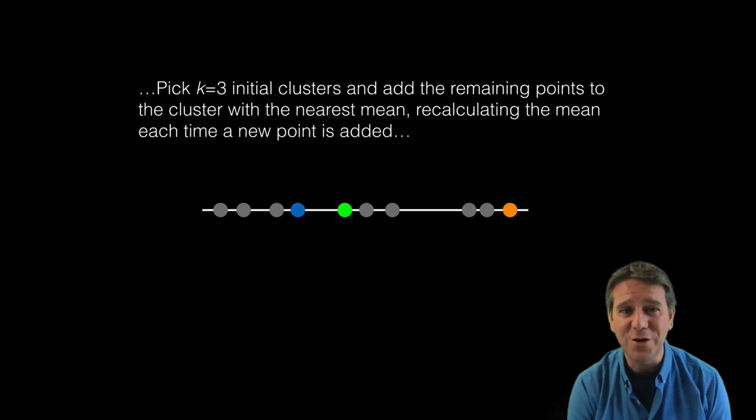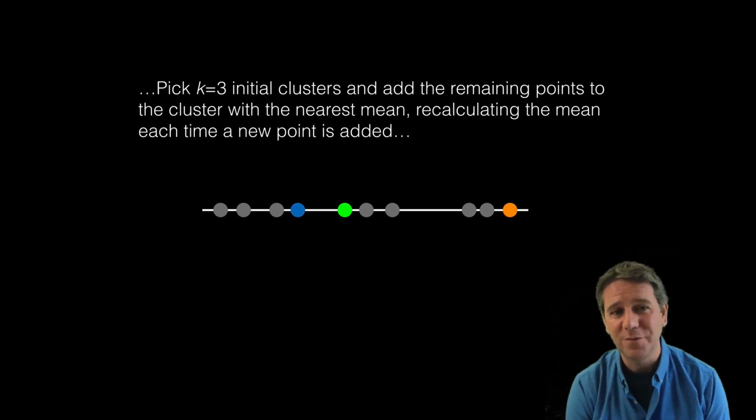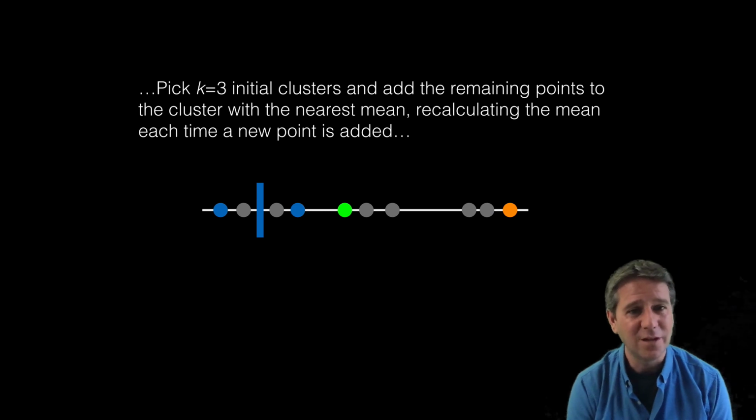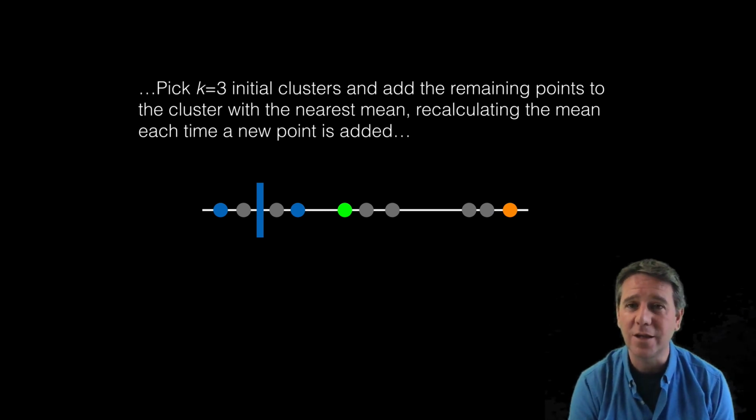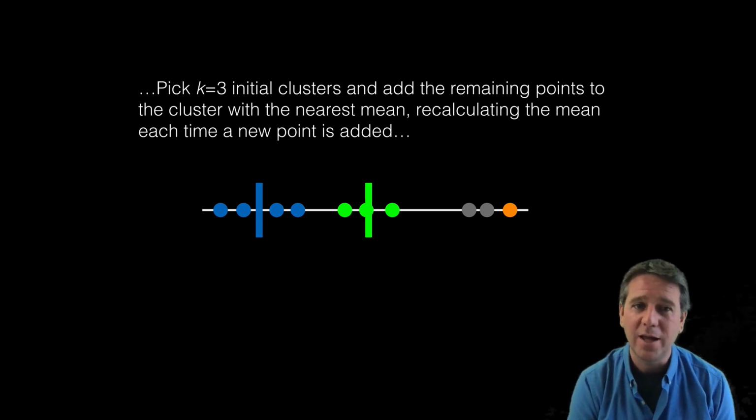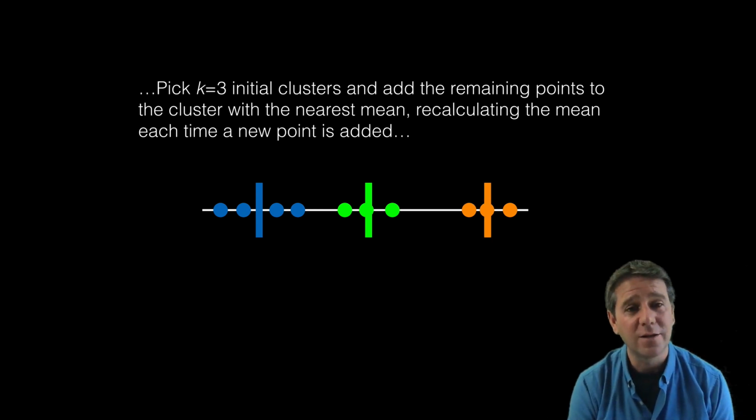And then we go through, pick and assign based on the distance to the representative point, update the cluster point at each step, and repeat and repeat again until we have all our points assigned to our k=3 clusters.